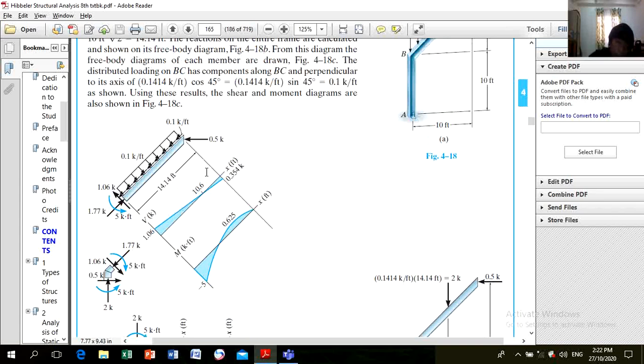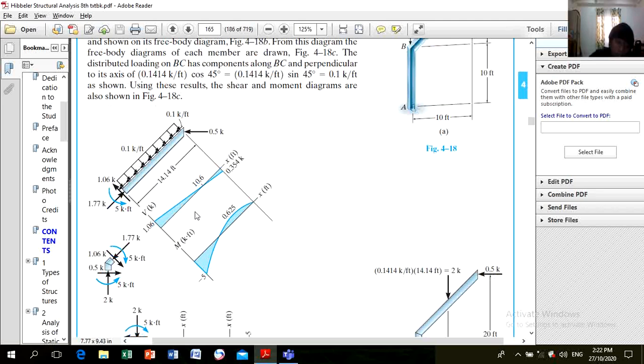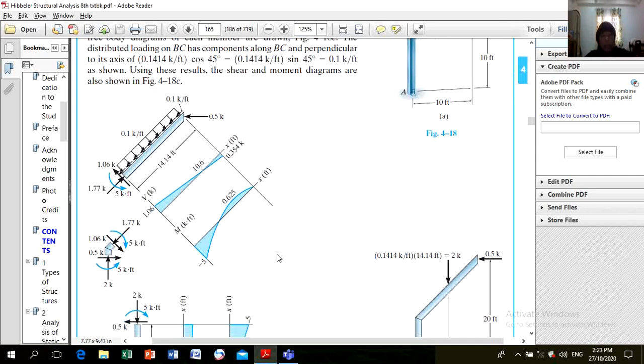So now for the moment diagram, here is 1.06 minus 0.1 times 14.14, which is negative 0.354. Then for the moment, you are just getting the area of this one, minus this one, and that will be the moment diagram.